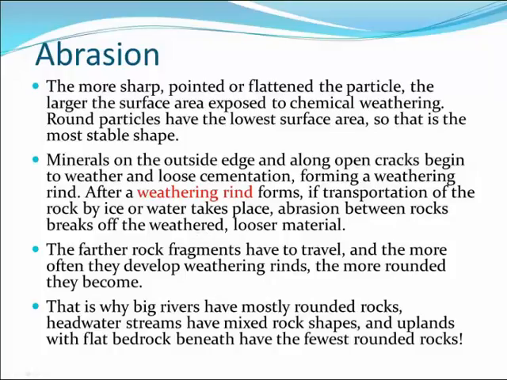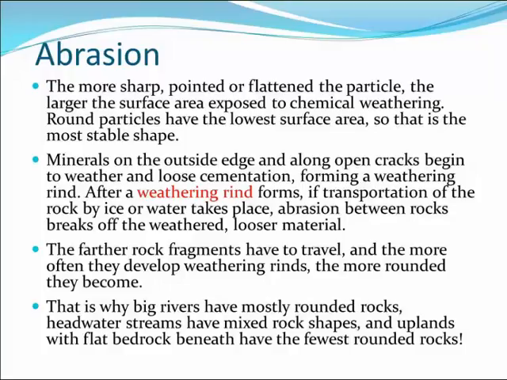So the farther rocks move, the more times they collide with each other, and the more of the weathering rinds get broken off. That's why when you go down into rivers, you pick up rocks, and they are very hard all the way to the edge. And that's because the weathering rinds have been knocked off, and the solid core remains.